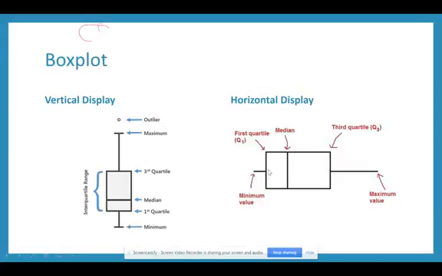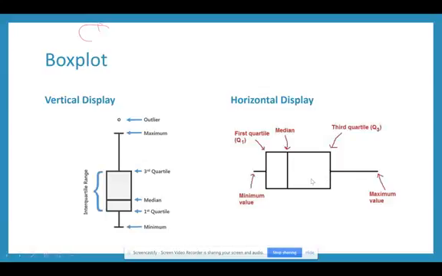Again, one of the key things to remember is that between the minimum and the first quartile, you're going to have 25%. Between the first quartile and the median, 25%. Between the median and the third quartile, 25%. Third quartile and the maximum, 25%. And notice sometimes that region is kind of small, other times it's large.